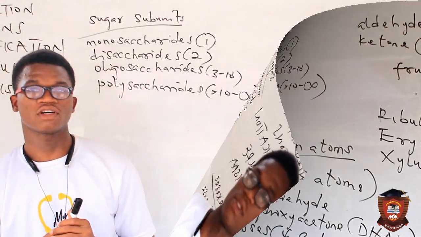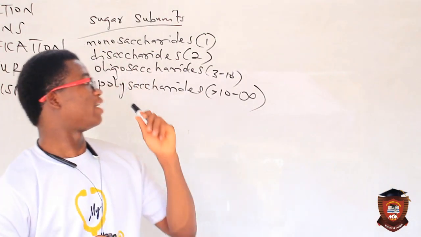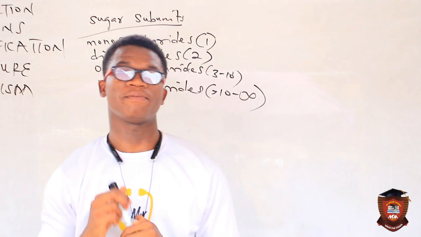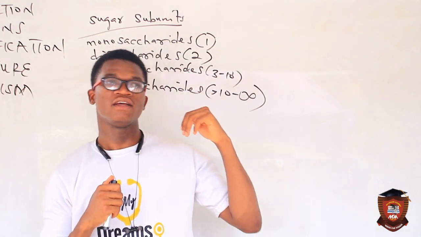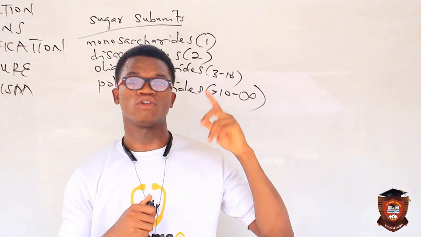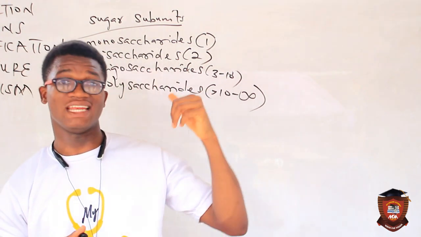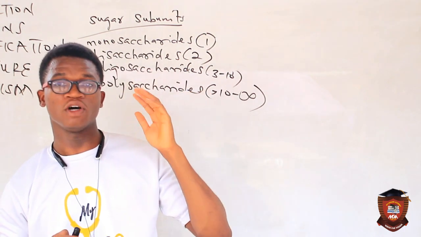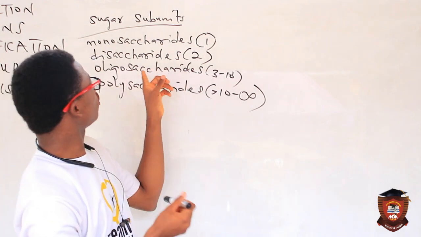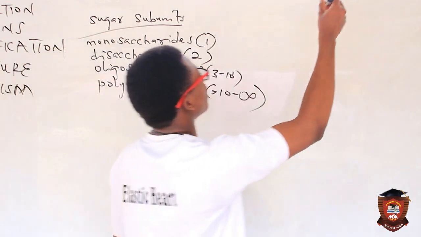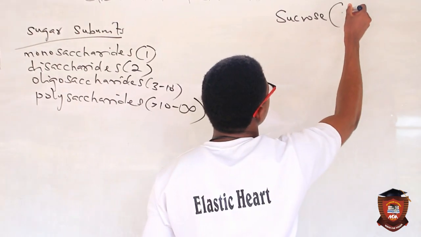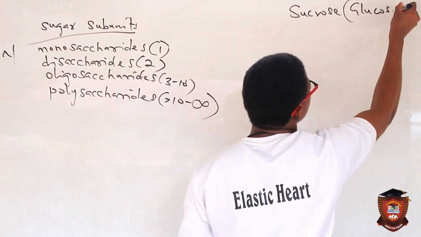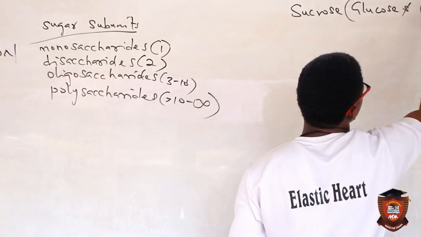Now we are going to talk about the disaccharides, and by definition they are carbohydrates that are made up of 2 sugar subunits, and as I've said earlier, the 2 monosaccharide subunits that make up the disaccharide may be the same or different. So examples of disaccharides, we have the sucrose, and this sucrose is made up of glucose and fructose.